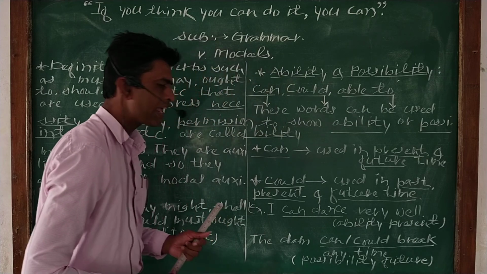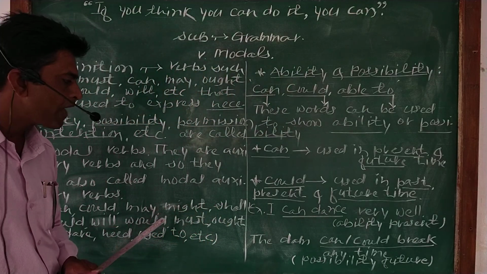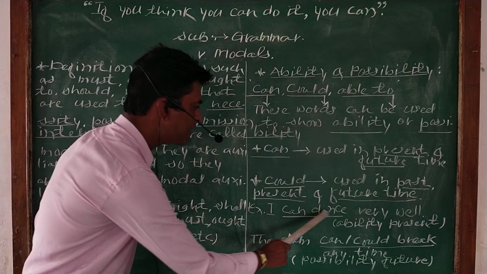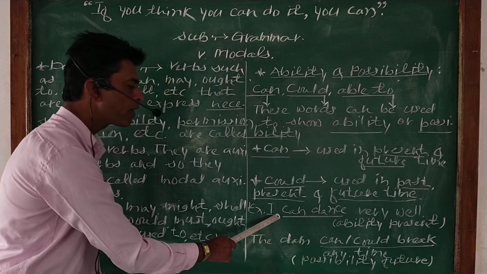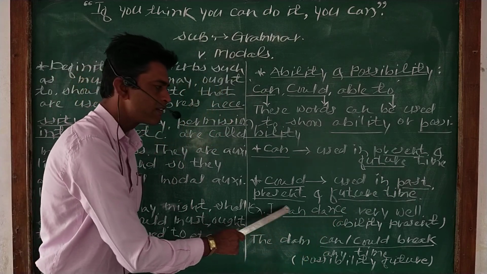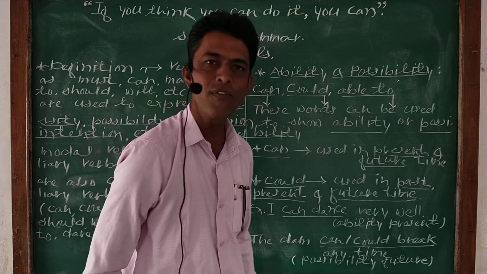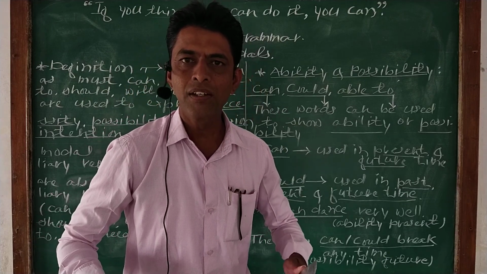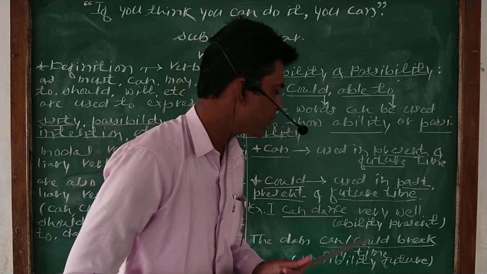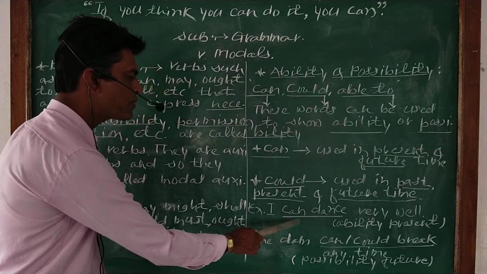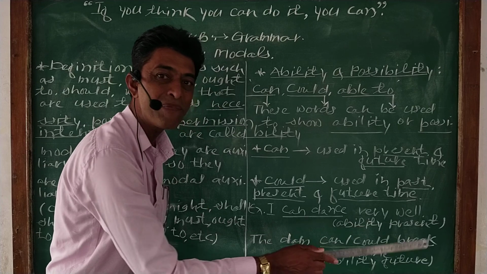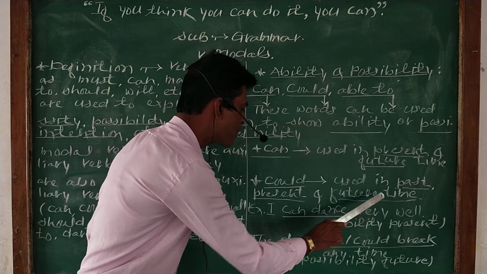We can have an example of each one of them. First, I can dance very well. Here the modal verb can shows what? Ability. It's our ability to dance. So here can shows ability, that is in present tense.